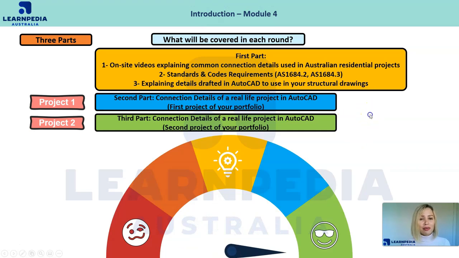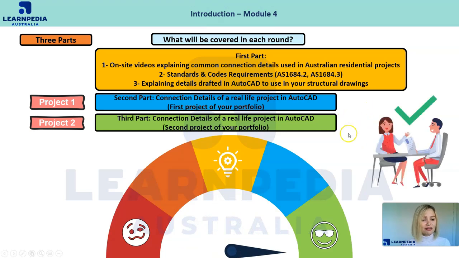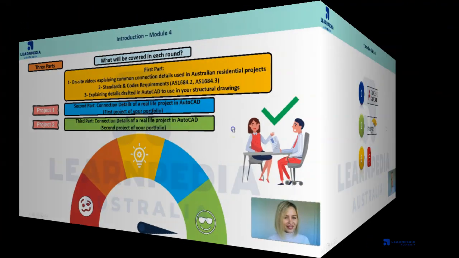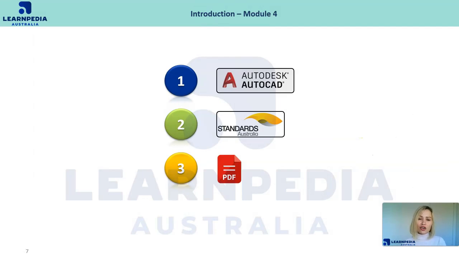So you will be a master at providing connection details. So when you go for an interview, you can easily explain the connection details and explain your design because you're a master at it now. Okay, now what are the software packages that I will be using in this module?